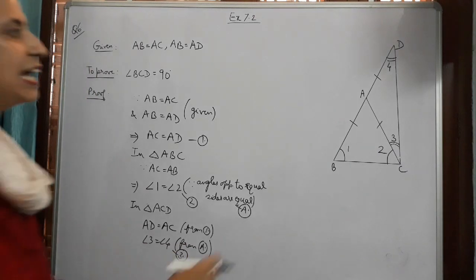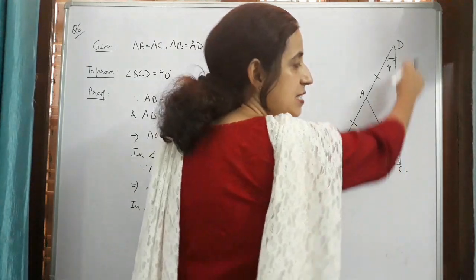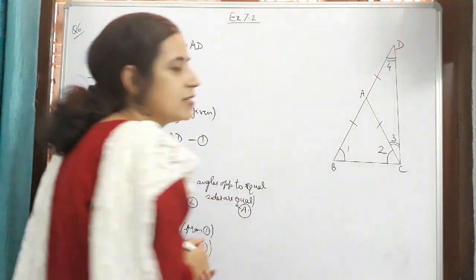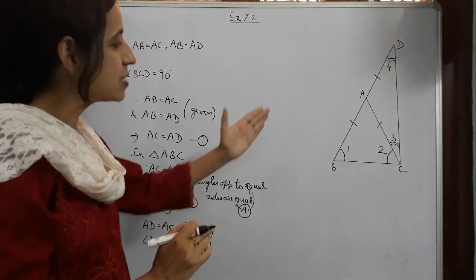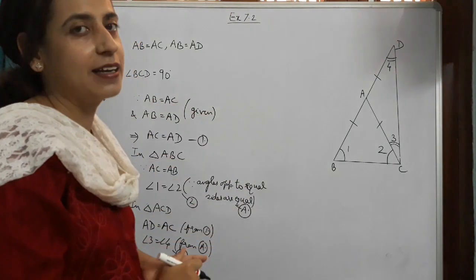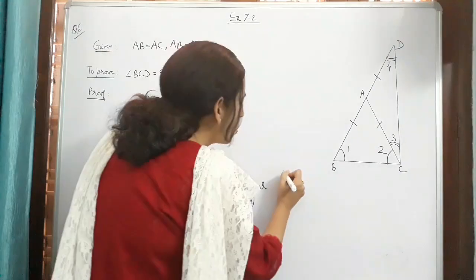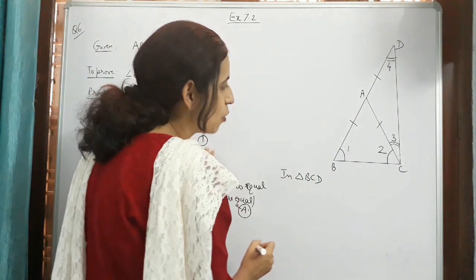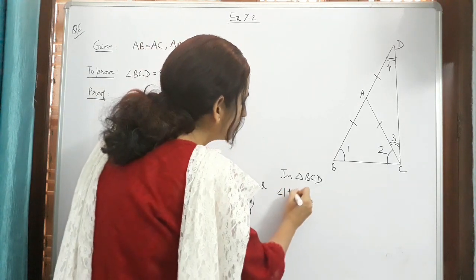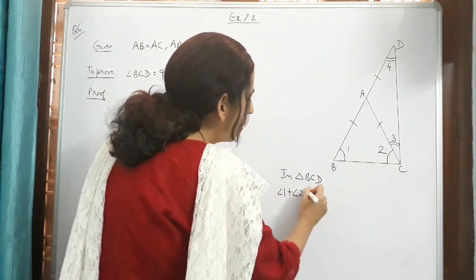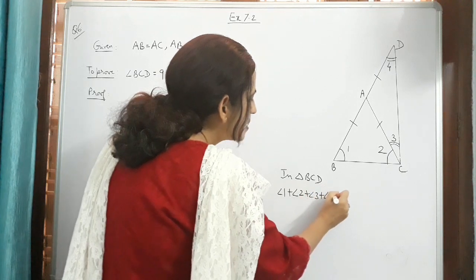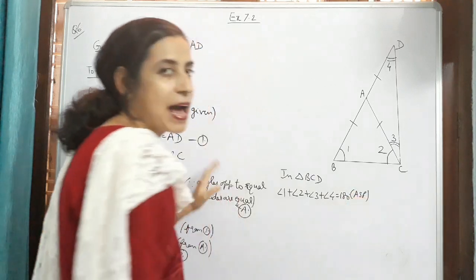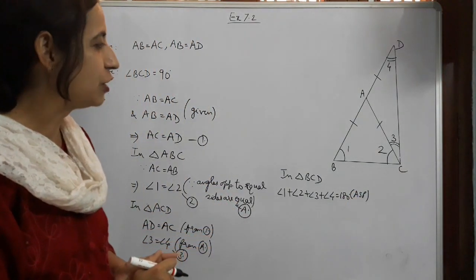Now we take this complete triangle BCD. You can see that BCD is a triangle, and by angle sum property we know that the sum of all the angles of a triangle is 180 degrees. So in triangle BCD we apply the angle sum property. So angle 1 plus angle 2 plus angle 3 plus angle 4 is equal to 180 degrees by the angle sum property of the triangle.